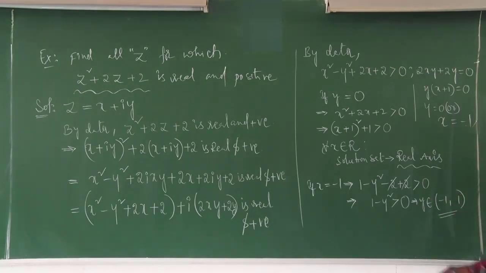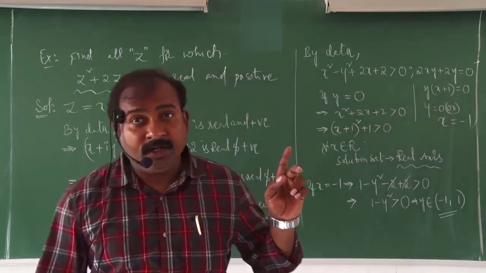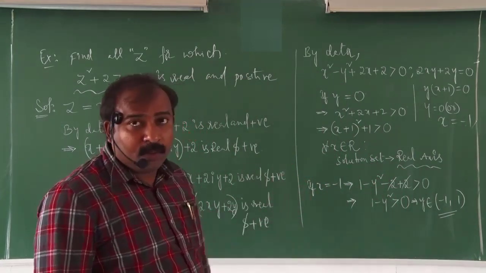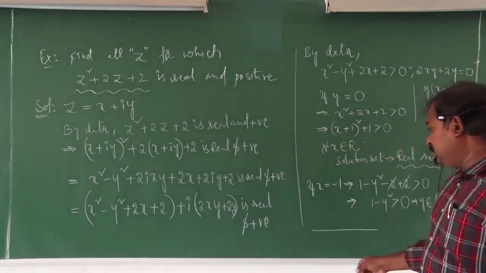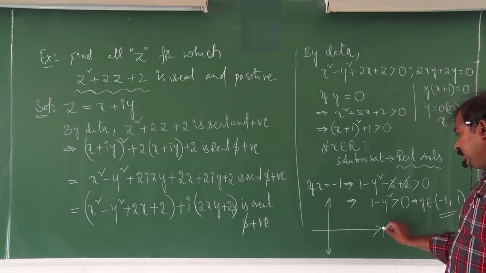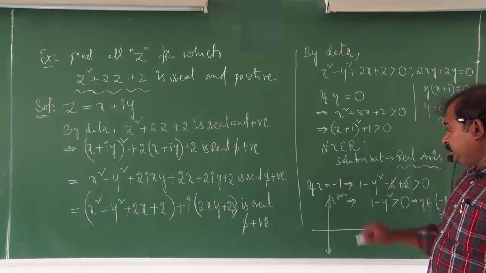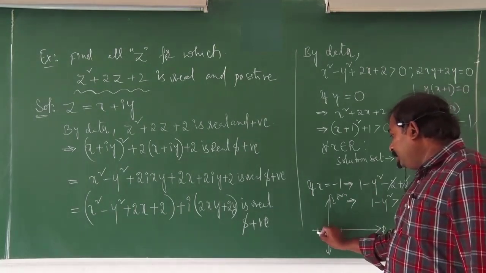The coefficient of y square is negative and the expression positive, opposite signs, which means y lies between the roots. So y belongs to minus 1 to 1. Then within this case, what will the solutions be? Consider the real axis and the imaginary axis, with x equal to minus 1, and points 1 and minus 1.